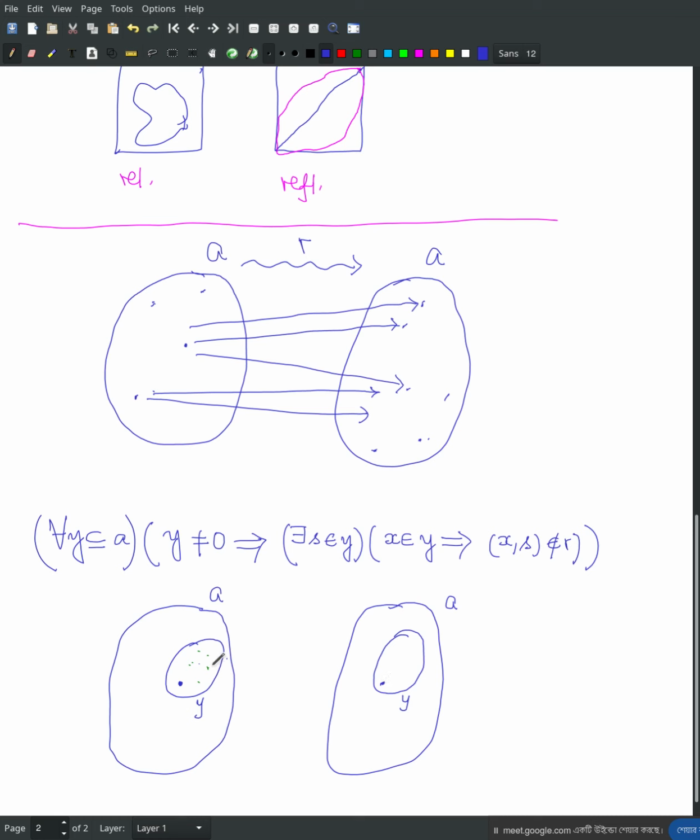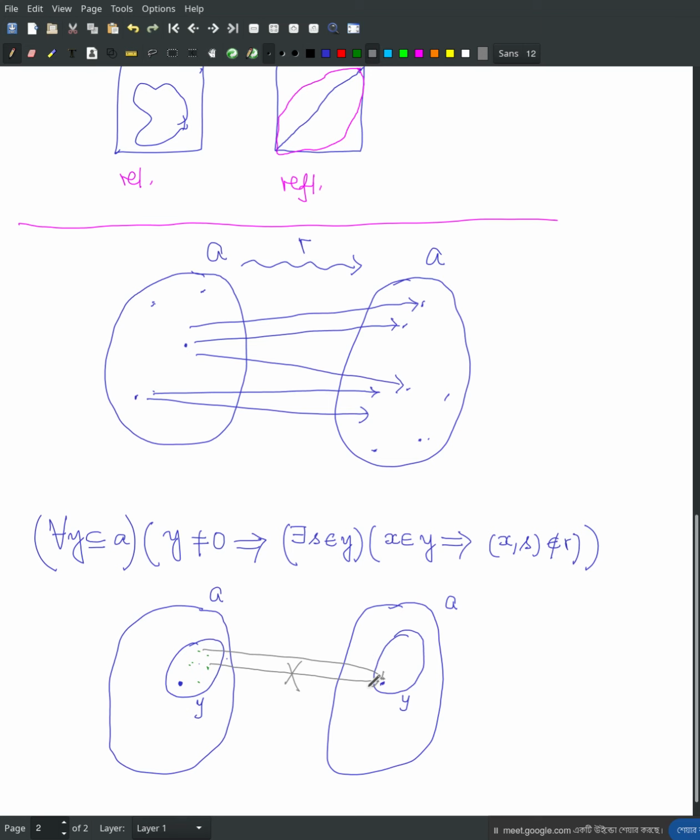So how do I do that? This is not allowed. This doesn't happen. For any other place coming to this doesn't happen.